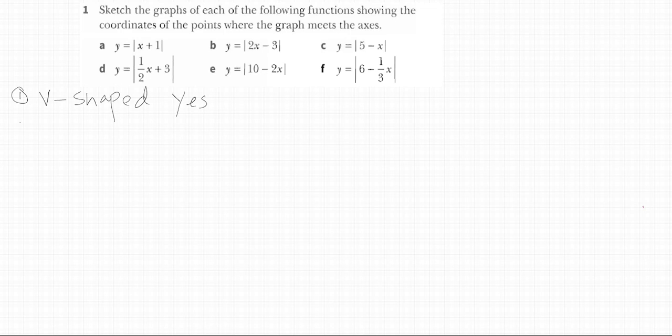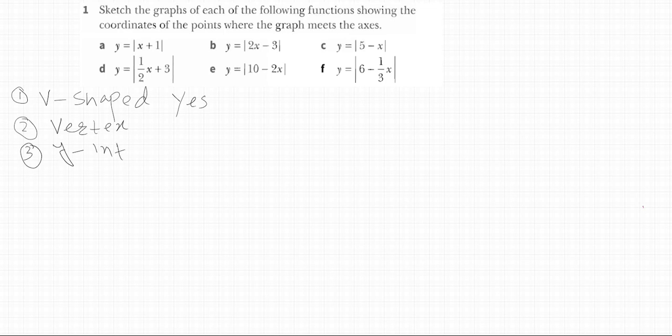The second point, which is very important, is that in every absolute value function we should have the vertex of the graph. What is a vertex? Just wait for question number 1, exercise 1.5. The third point, which is again very important, is the y-intercept.